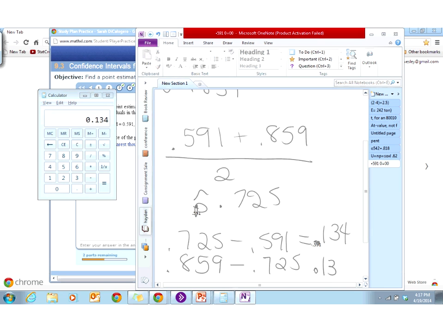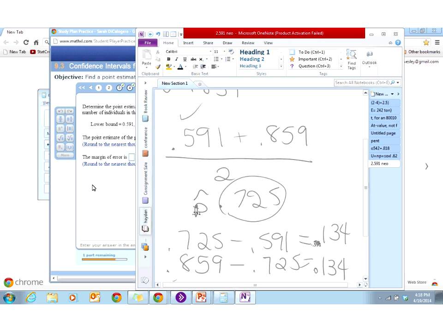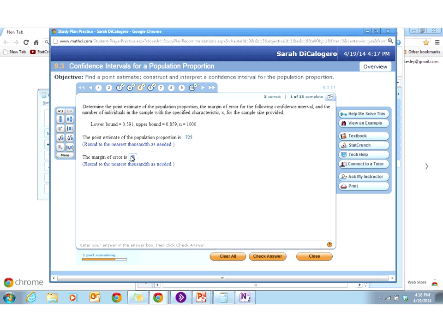So the margin of error is actually going to be equal to 0.134, because if I took the point estimate, which is 0.725, and I subtract 0.134, I get 0.591. And if I take 0.725 and I add 0.134, I get 0.859. So the estimate of the population proportion is 0.725. The margin of error, well, we already know that from the work we did, 0.134.